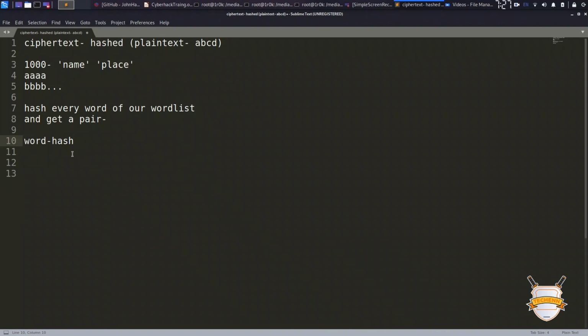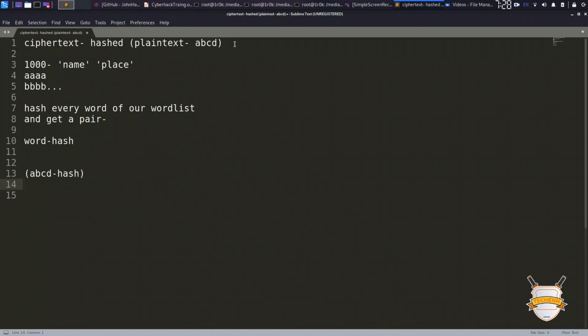Let's say somewhere in that list the word ABCD is also there, and we have its hash. Since there cannot be two different hashes for a single word, at the point when we are comparing our original hash with the words and it reaches this one, the hash matches our original one, so it will give a prompt: your original plain text, which was hashed, was this.